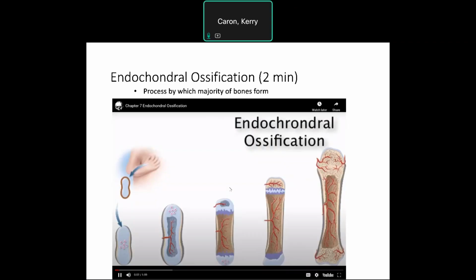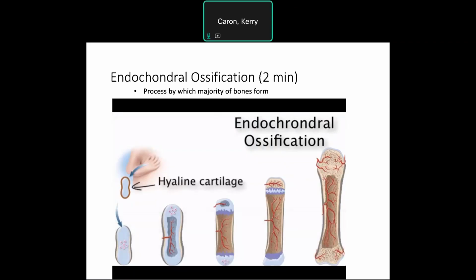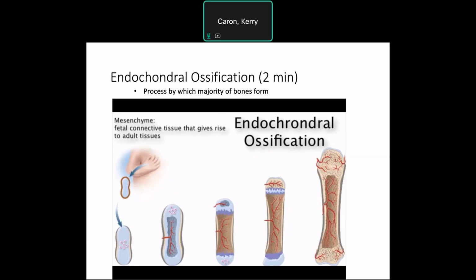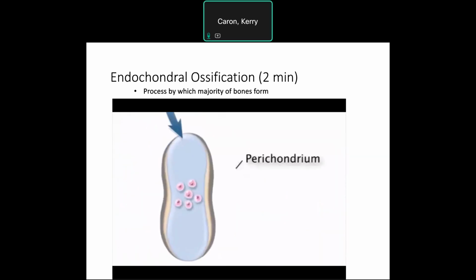Endochondral ossification is a step-by-step process in which a hyaline cartilage model of a bone is turned into osseous tissue. We start with a fetal tissue called mesenchyme, which develops into hyaline cartilage in the location of a future bone. The perichondrium of the cartilage eventually begins producing osteoblasts, which are bone-producing cells.